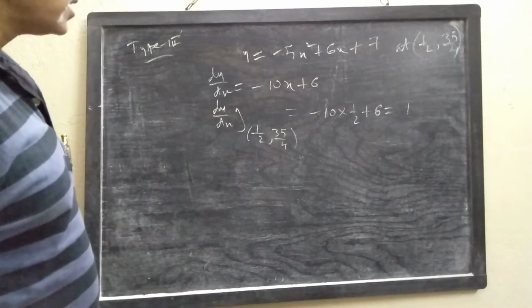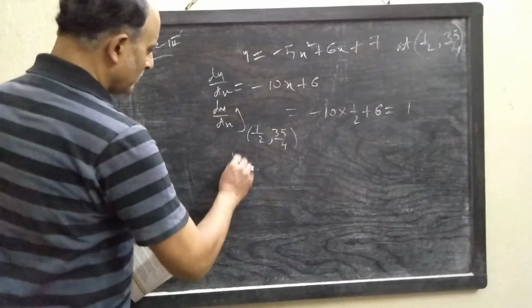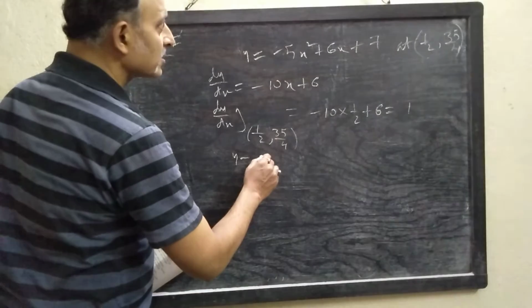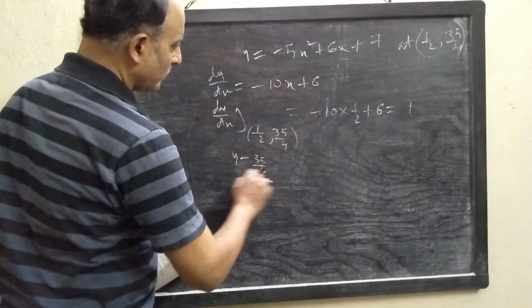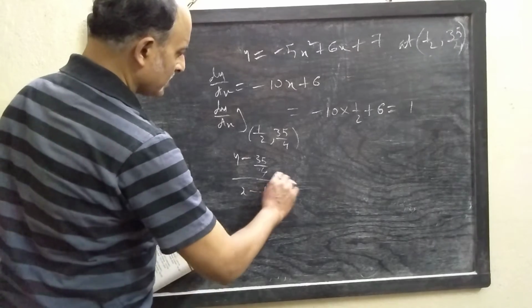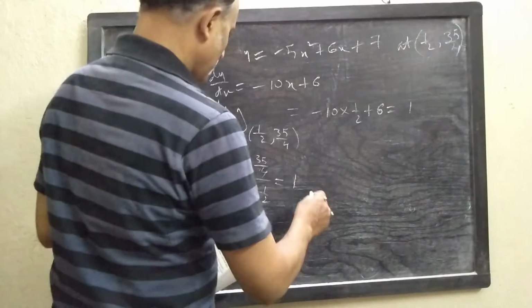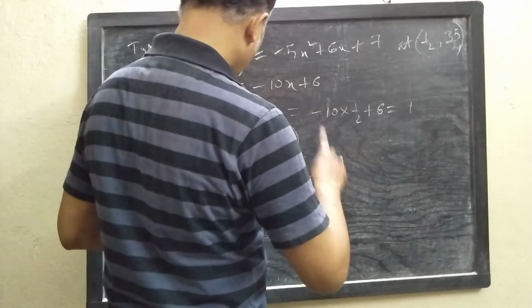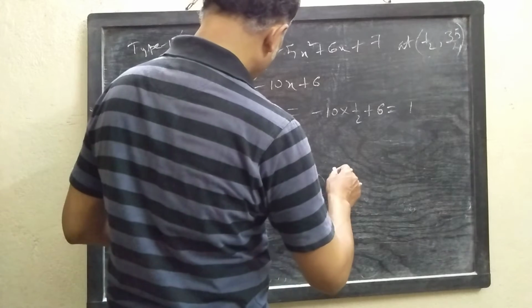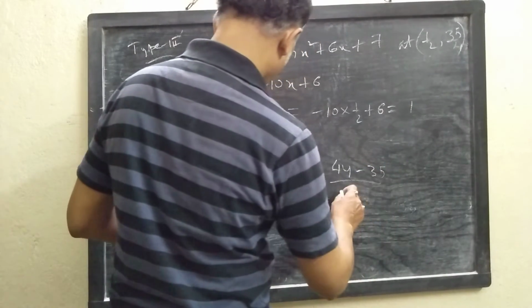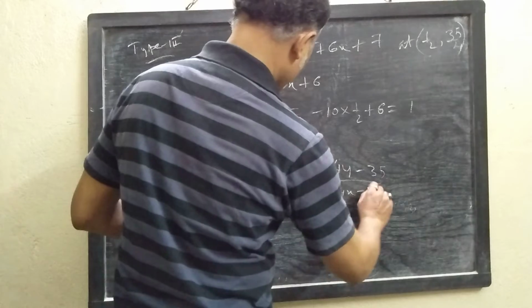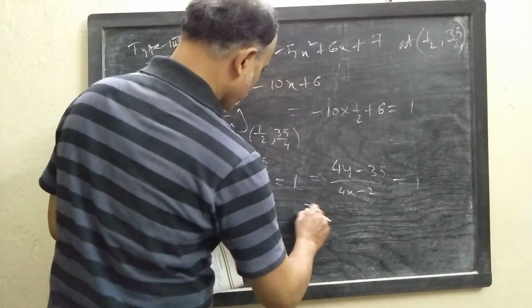So you can write the equation of the tangent by the point slope form. (y minus 35 by 4) by (x minus half) equals 1. Now just simplify it, multiply by 4, you get 4y minus 35 by 4x minus 2 equals 1.